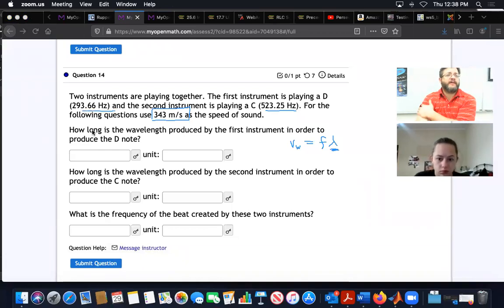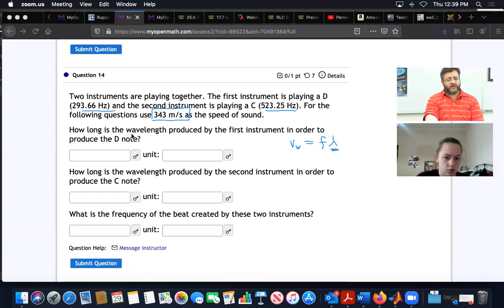Is that what you did? And it didn't come out correctly? Okay. Well, let's do the calculation really quick and see if we can test out this code. We have 343. And we're going to divide it by 293.66. Should come out with three significant figures when done right.